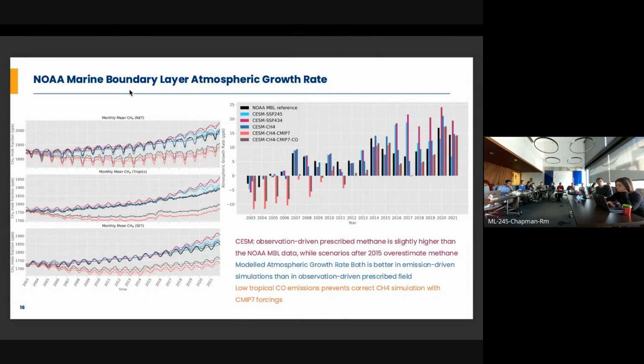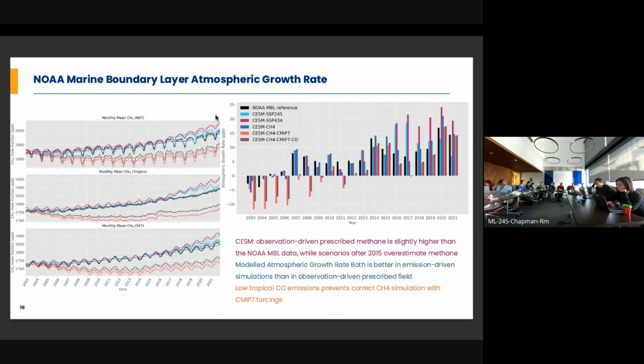So now I'm looking at actual methane data at the surface. I'm using the NOAA marine boundary layer site and applying the same algorithm that they use to calculate the growth rate, so that I can compare the observations and the different simulations in an apple-to-apple comparison.